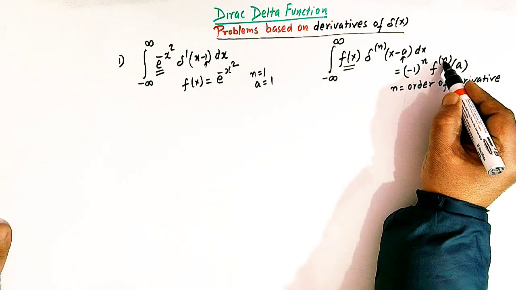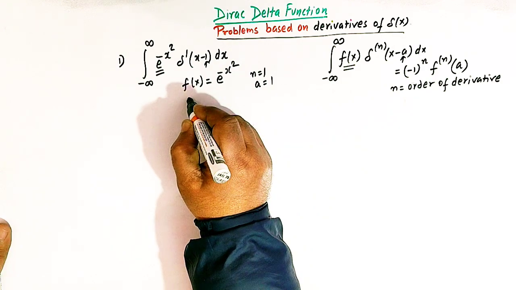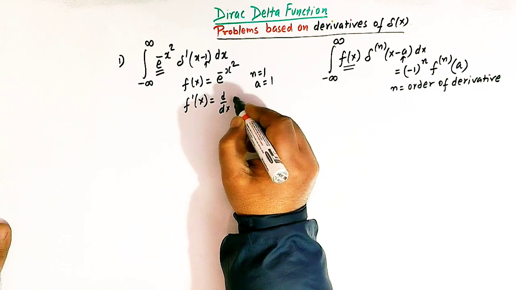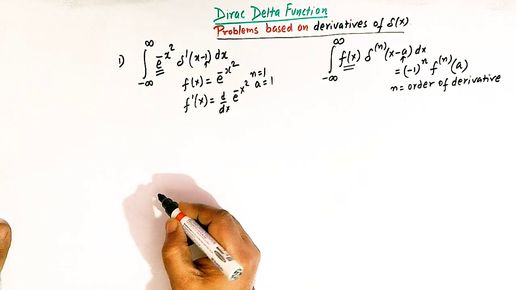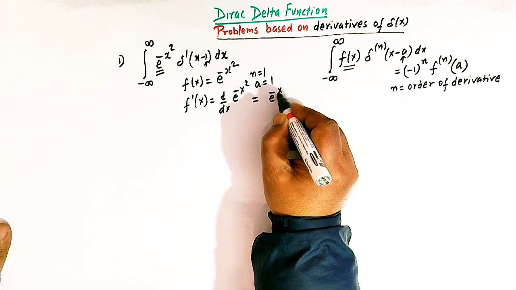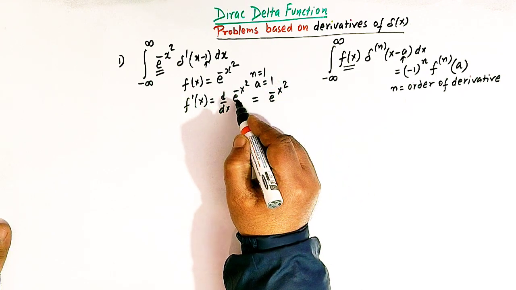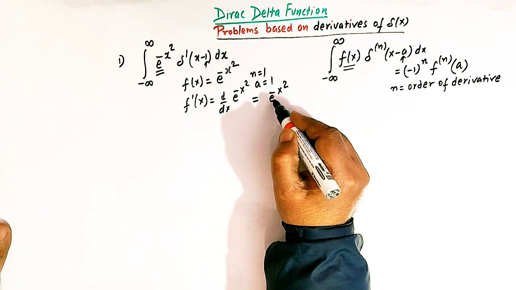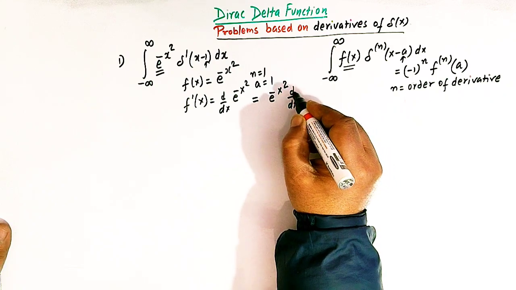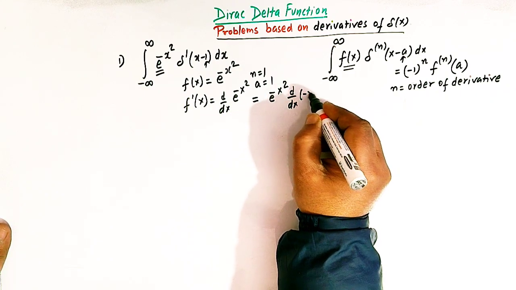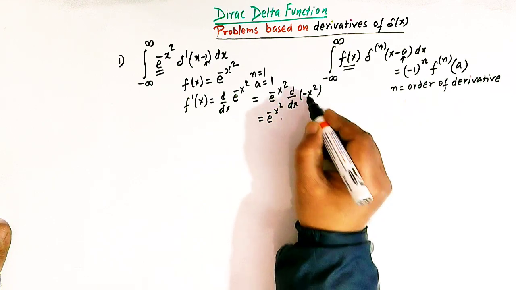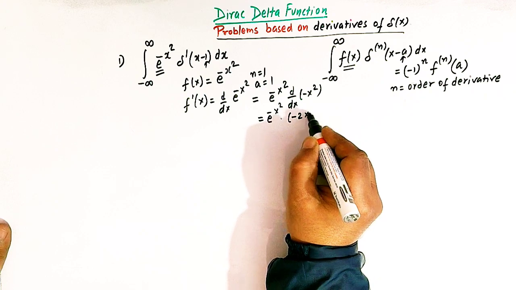So f prime of x is given by the derivative of e raised to minus x square, which is e raised to minus x square, and then by the chain rule we have to find the derivative of minus x square, which gives minus 2x.